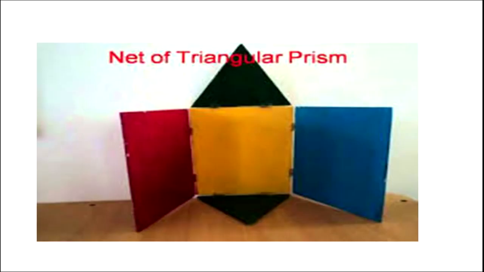For example, this is a picture of a triangular prism that was made in the class by the teacher with the help of students. It has different shapes and different colors, but it serves the purpose of a triangular prism.